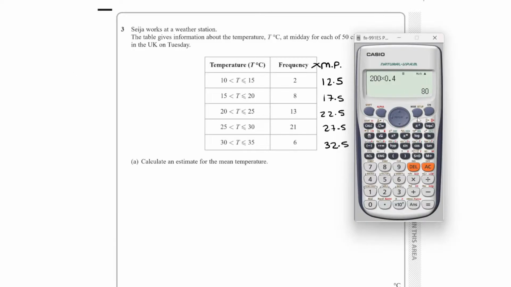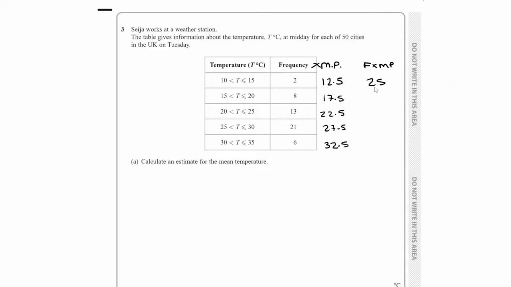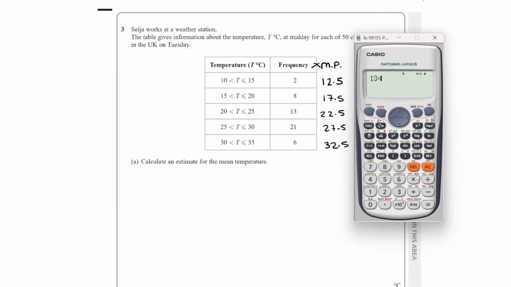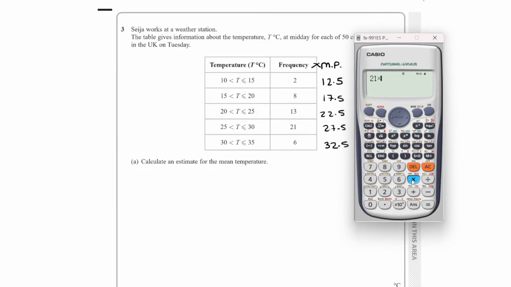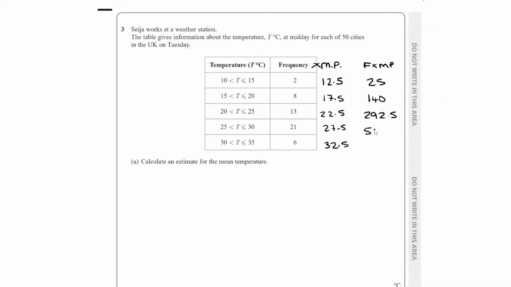Let's grab the calculator for the next ones. We've got 8 times 17.5, which is 140. Then we've got 13 times 22.5, as a decimal is 292.5. 21 times 27.5, 577.5.